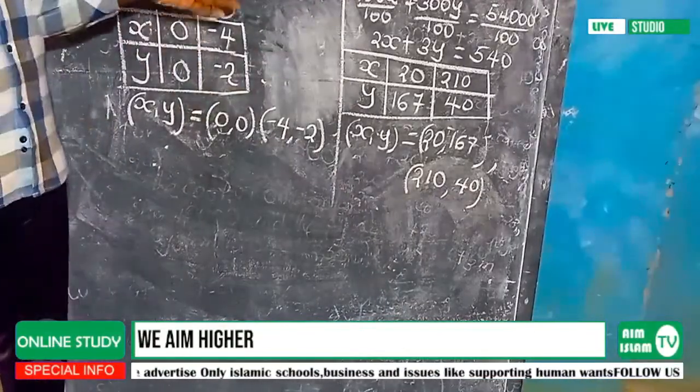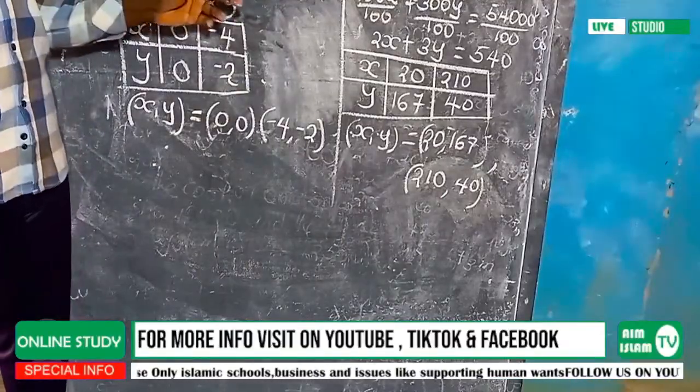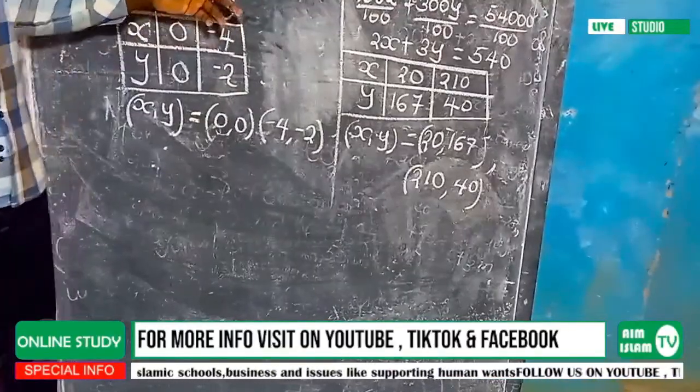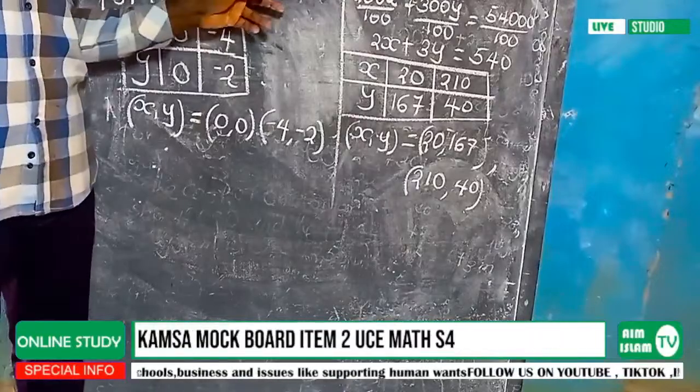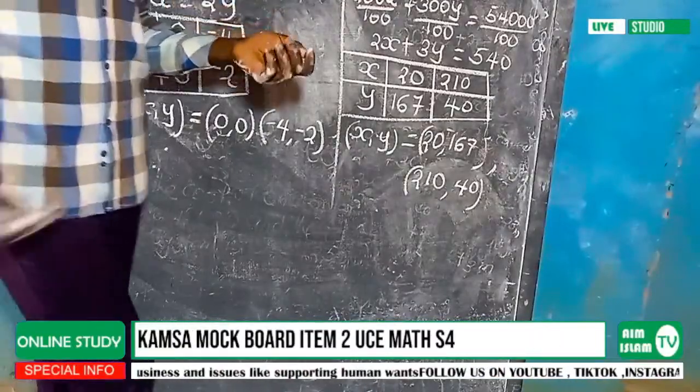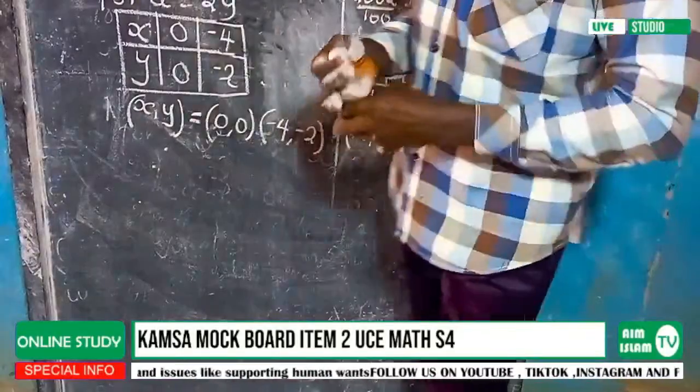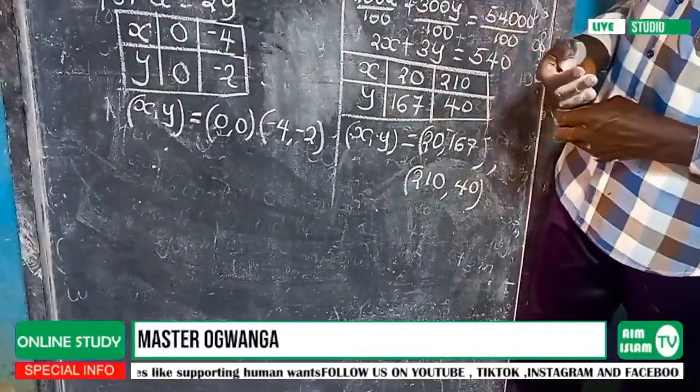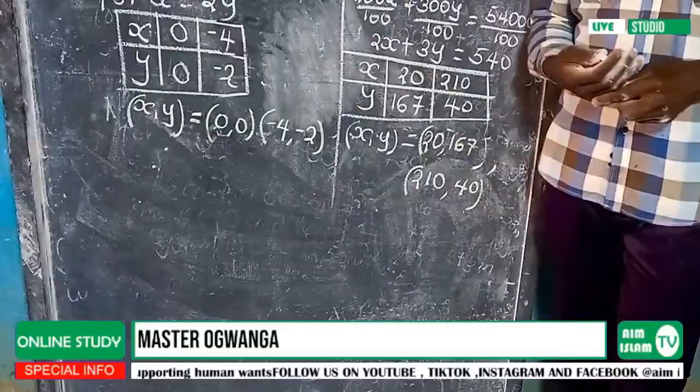Then we have others like x equals 0 and y equals 0. Last time we said x equals 0 and y equals 0 is the same as the line at x-axis and y-axis respectively.